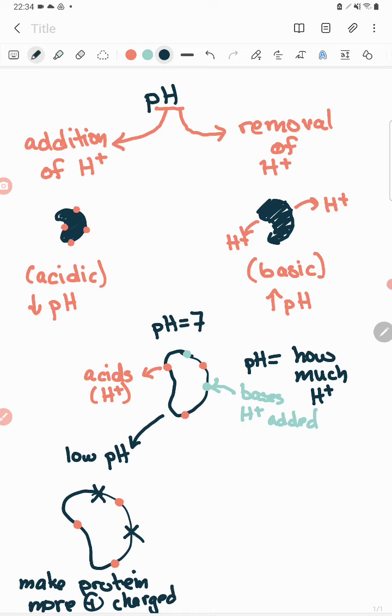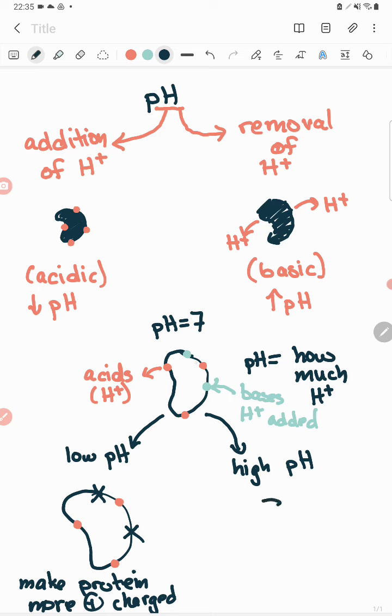So all the places where there used to be a basic residue, they've lost that either negative or neutral charge. In the case of putting the same protein into a relatively high pH, that is going to negate all of the acid residues in the protein.